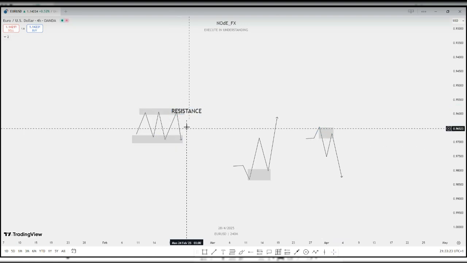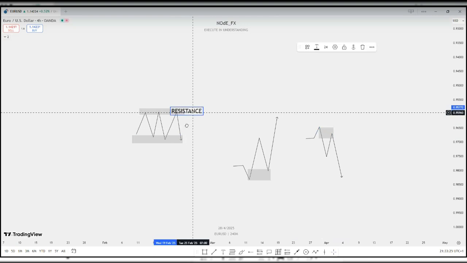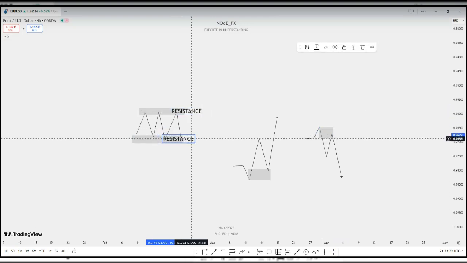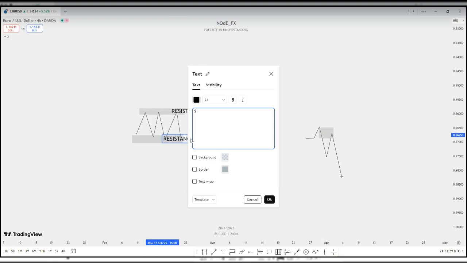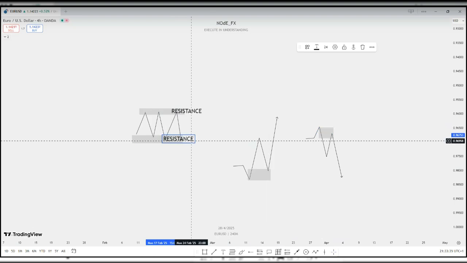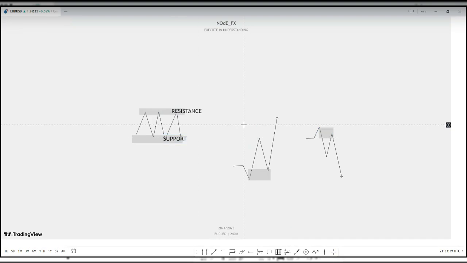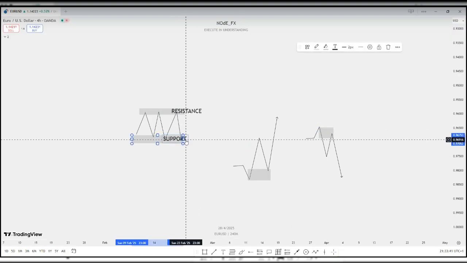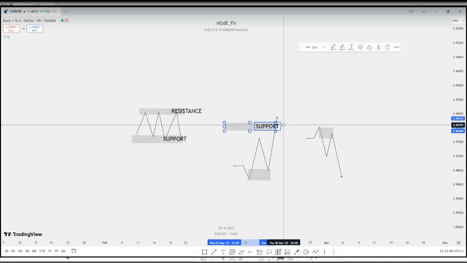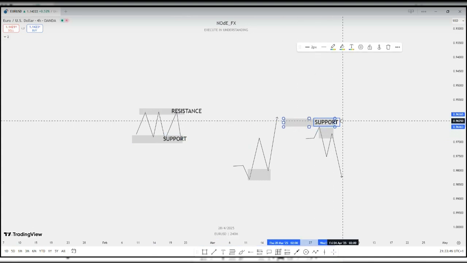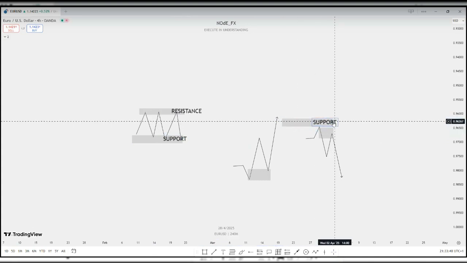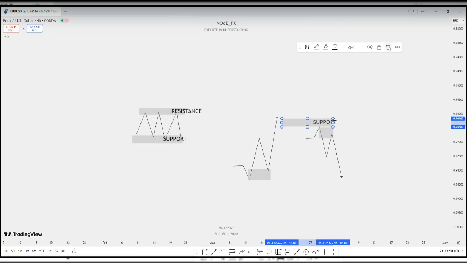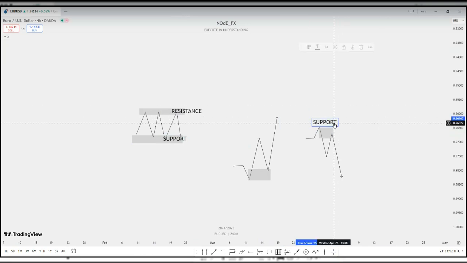We have the support here. We have what is called our supply.